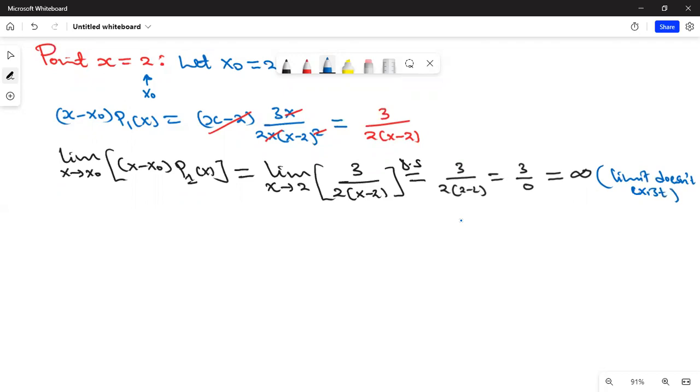So we don't need to test the other one for p2, x minus x naught squared times p2 of x, because as long as one of the limits does not exist, it means the point is irregular. So you can just say, hence, the point x equals 2 is irregular.